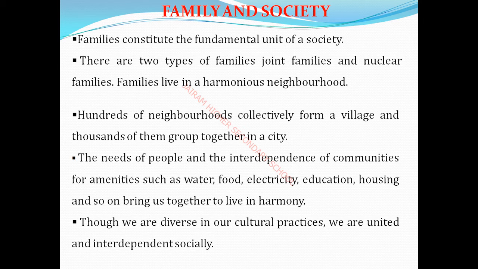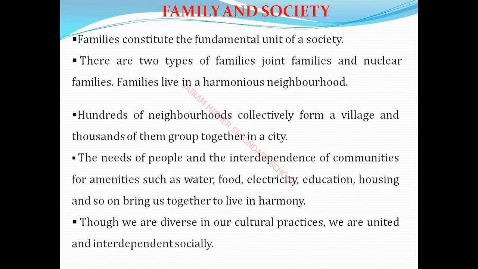Next, let us see family and society. What are the roles played by the family and society under unity in diversity? Families constitute the fundamental unity of a society. Of course, a society is made only through a family's cooperation. There are two types of families in our nation. Most probably in India we follow the joint family system and nuclear families.